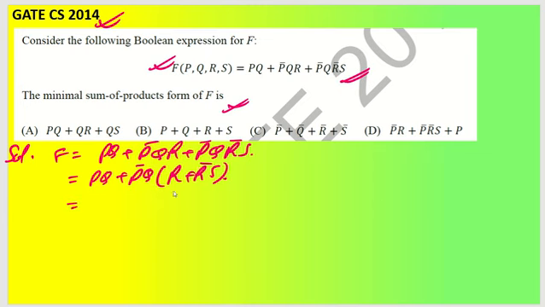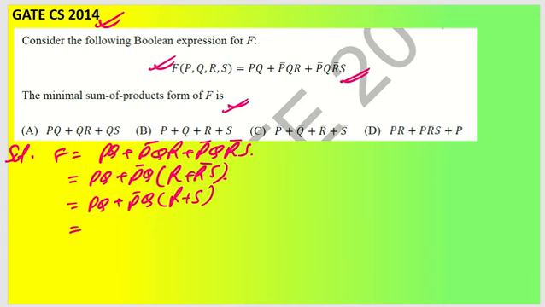From here you know already that A plus A bar B is equal to A plus B, so R plus R bar S will become R plus S. So can we write it down: PQ plus P bar Q into R plus S. Okay, so it is going to be very simple.